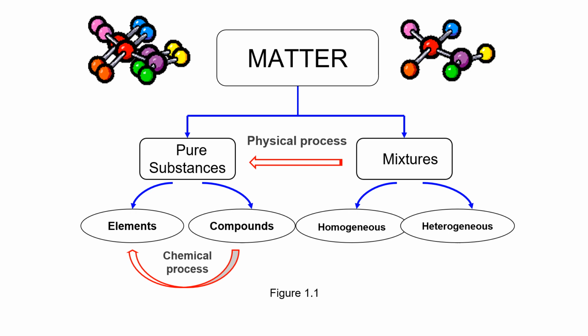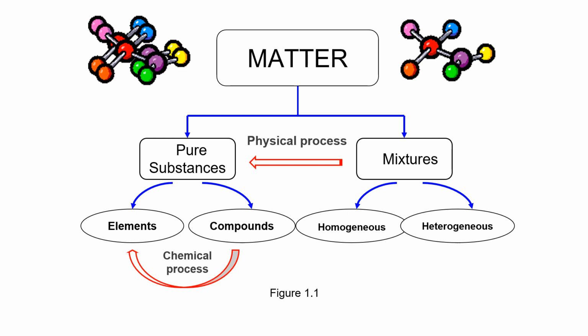Pure substances that cannot be broken down into simpler substances by chemical changes are called elements. Pure substances that can be broken down by chemical changes are called compounds. This breakdown may produce either elements or other compounds or both.